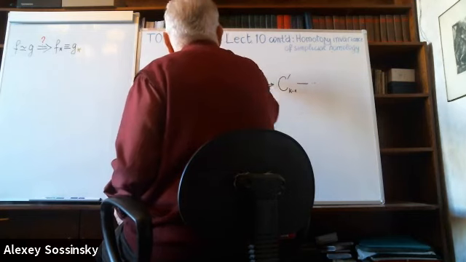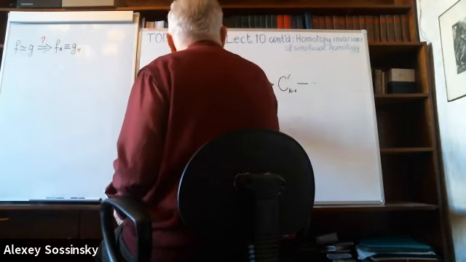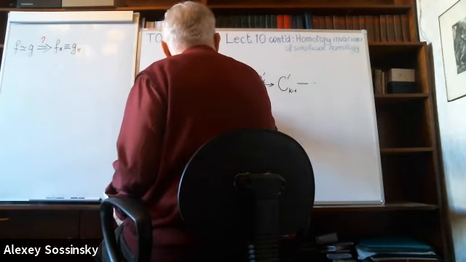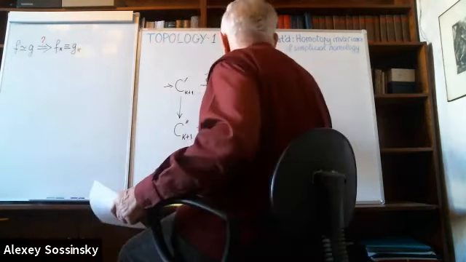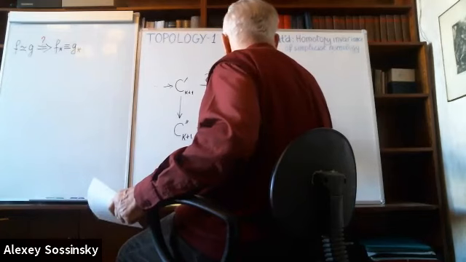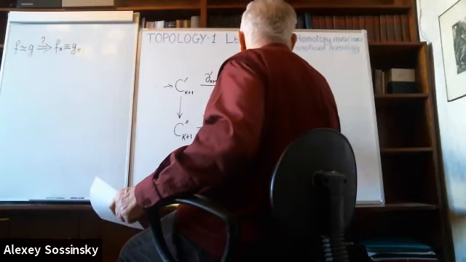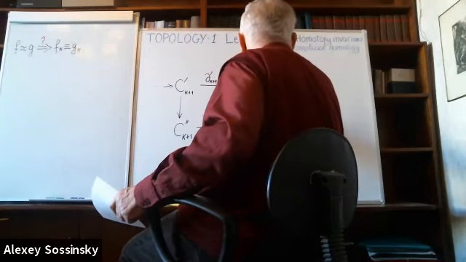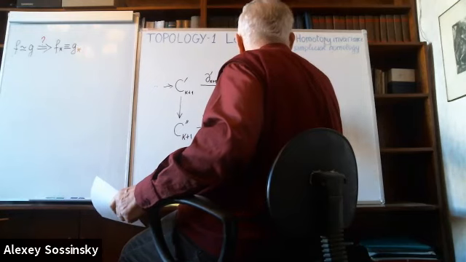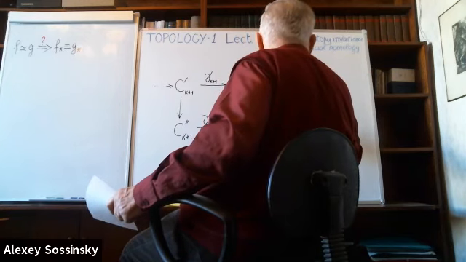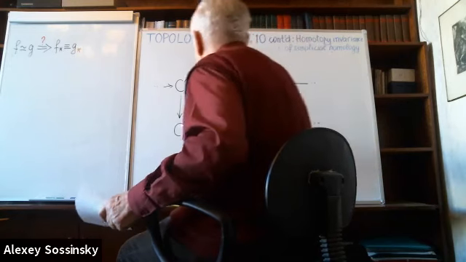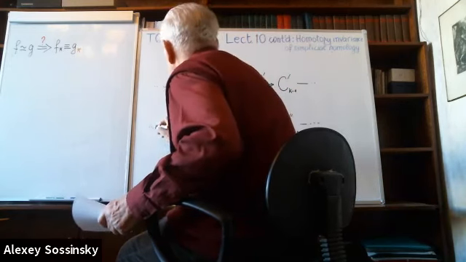Well, I'll draw one and then the other. Let's call this D prime. Here we have D double prime k plus one, which takes those groups to C double prime k, and then this continues with D double prime k to C double prime k minus one, and so on on the other side.